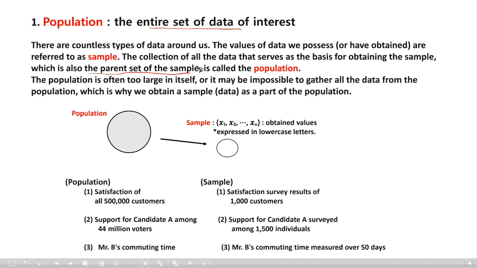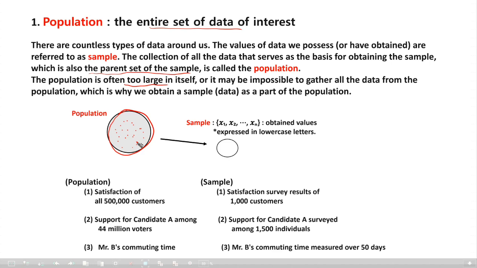The population is too large to get all data, or it may be impossible to gather all the data. That's why we obtain sample data from the population. Let's see, this is the population. There are many unknown values in the population. We cannot get all the data.